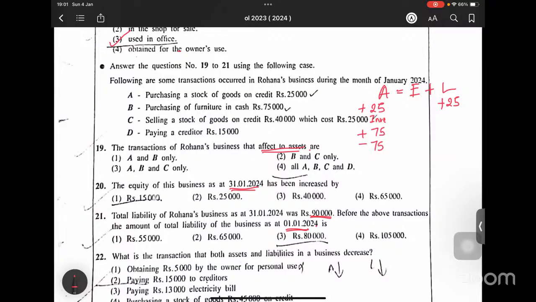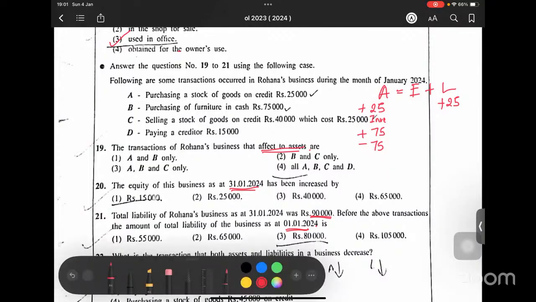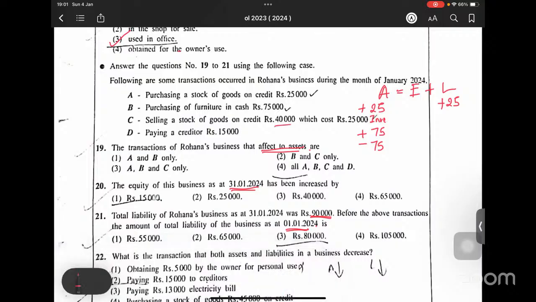Selling a stock of goods on credit, 40,000, and the inventory cost is 25,000.